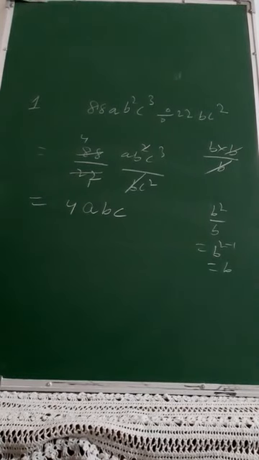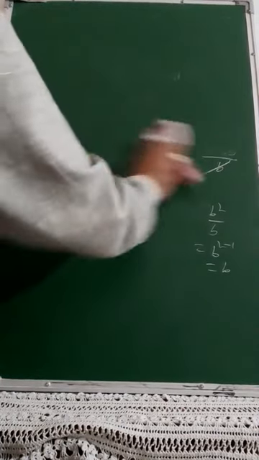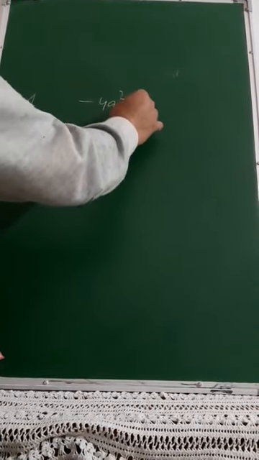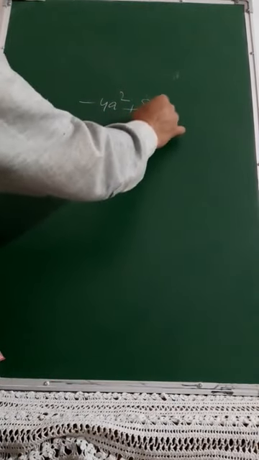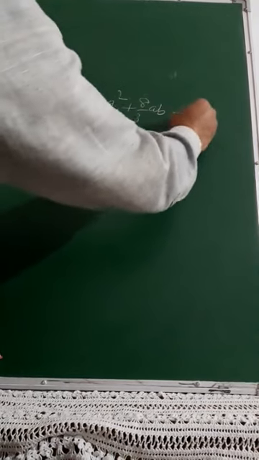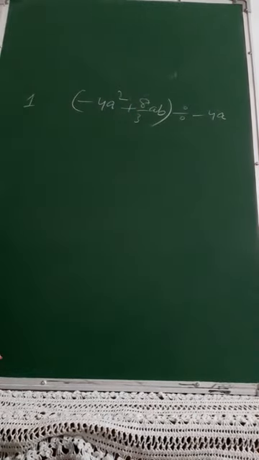Suppose one more part I am taking, that is the sixth part of same question where binomial is divided by the monomial. So this is only the difference in this. Here it is minus 4a square plus 8ab upon 3, and you need to divide it by minus 4a. So there are two terms. You can put it inside the bracket also.